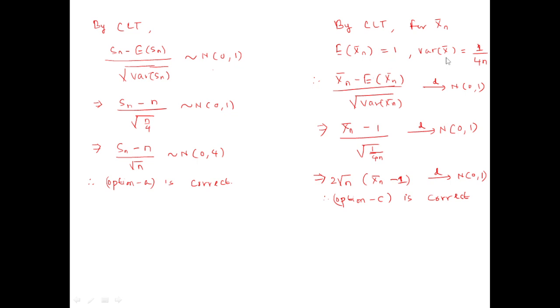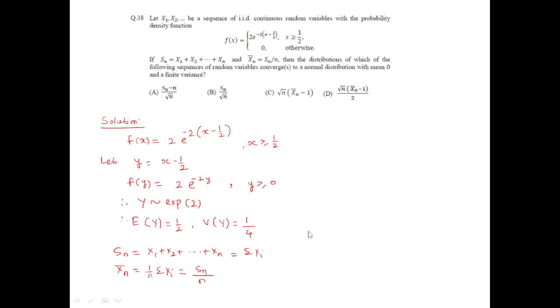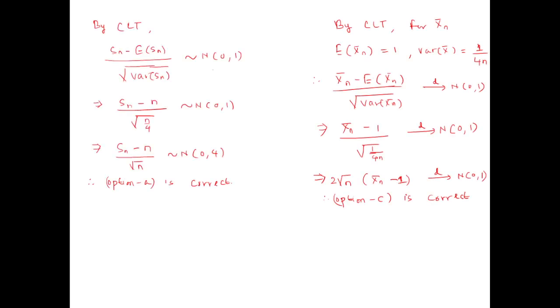The variance of X bar is sigma square upon n. Sigma square we calculated as 1 by 4, so the variance of X bar will be 1 upon 4n.